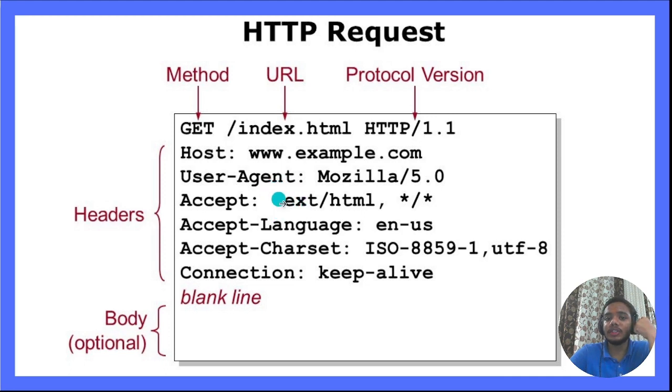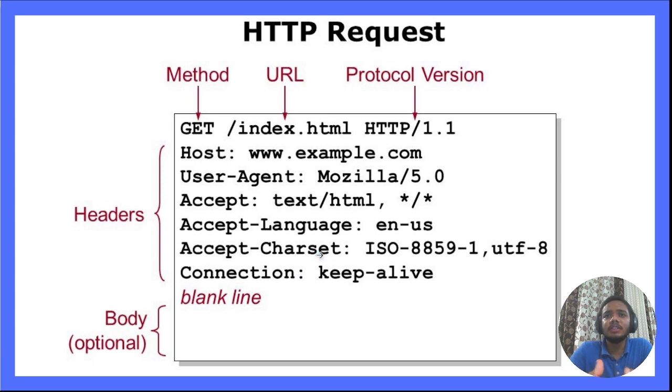So this request accepts text and HTML. It has Accept-Language, which is English US. It has Charset, which is character set. Character set has different values, different character sets are there. It has an encoding attached with it, which is UTF-8 encoding, and it has a Connection header which says keep-alive.